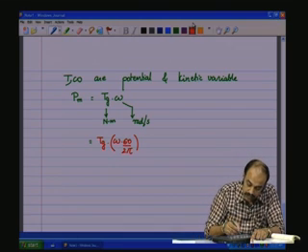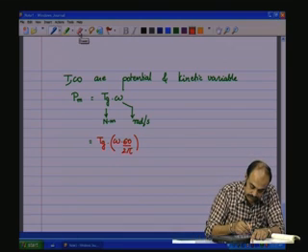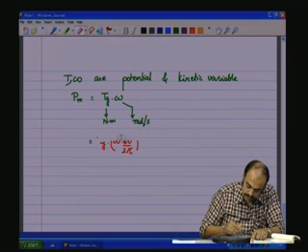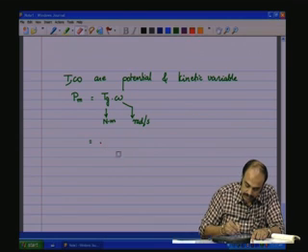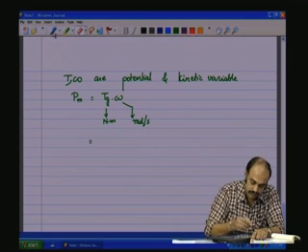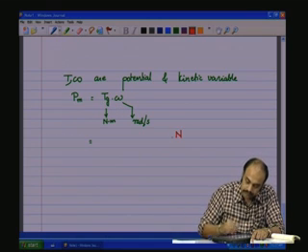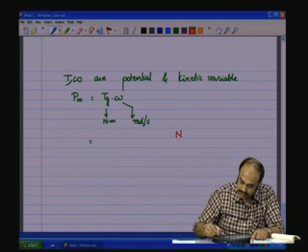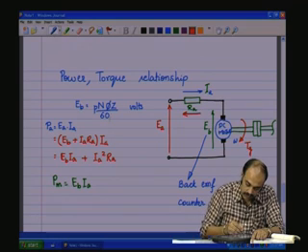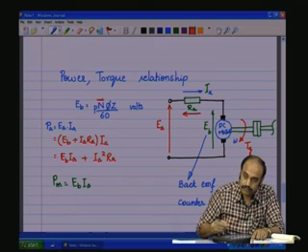Sorry, we normally have the speeds in RPM. What we have is n, because that is the variable that we are using also here, which is in RPM.